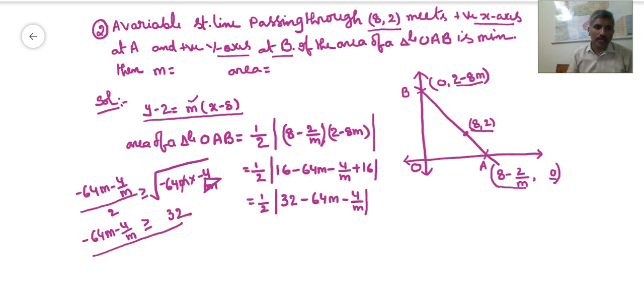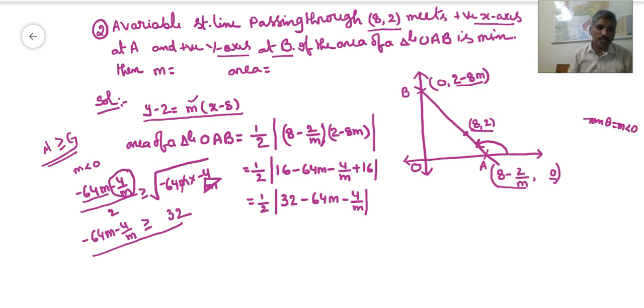Sir, we can apply arithmetic mean greater than or equal to geometric mean only for positive real numbers, but it is not appearing as positive, because minus 4 by m is there. For your kind information, the m value is negative, because you can observe here, this is the inclination. The inclination is an obtuse angle. Whenever the inclination is an obtuse angle, tan theta, the slope, must be less than 0.